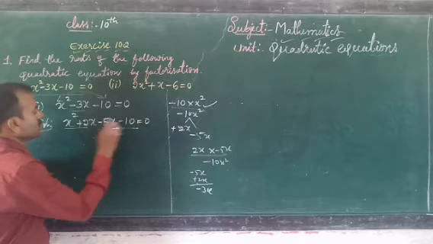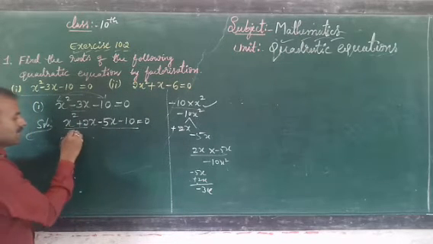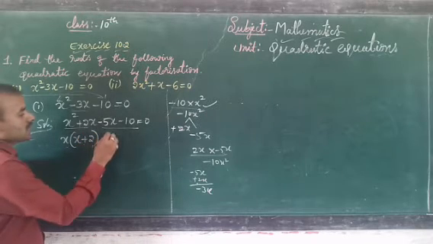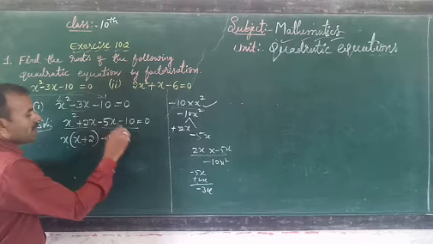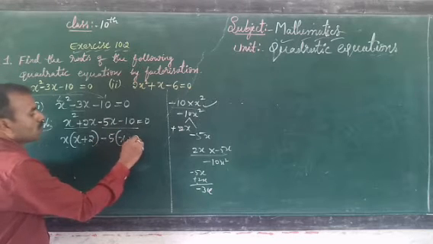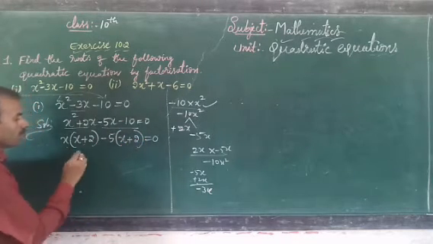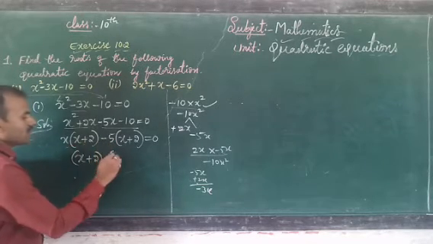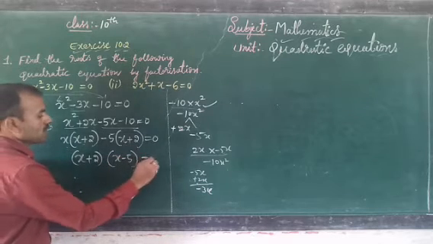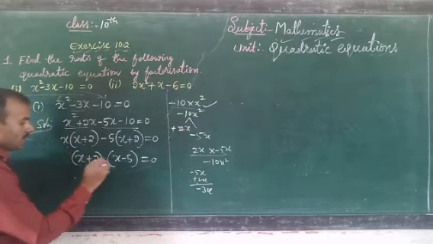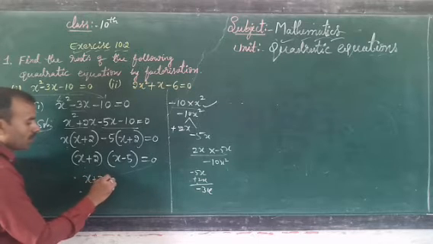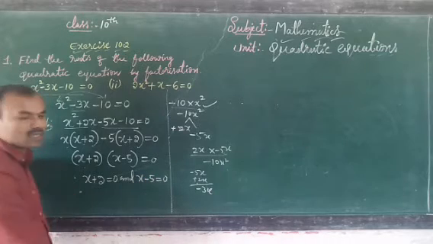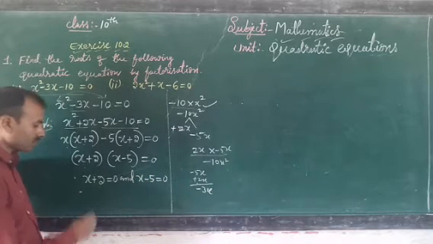Here group the terms. Here common factor is x plus 2, minus is common and 5 is common: x plus 2 minus 5 into x plus 2, minus 5 twos are 10, equals 0. x plus 2 into common factor x minus 5 equals 0. Here each term: x plus 2 equals 0 and x minus 5 equals 0.